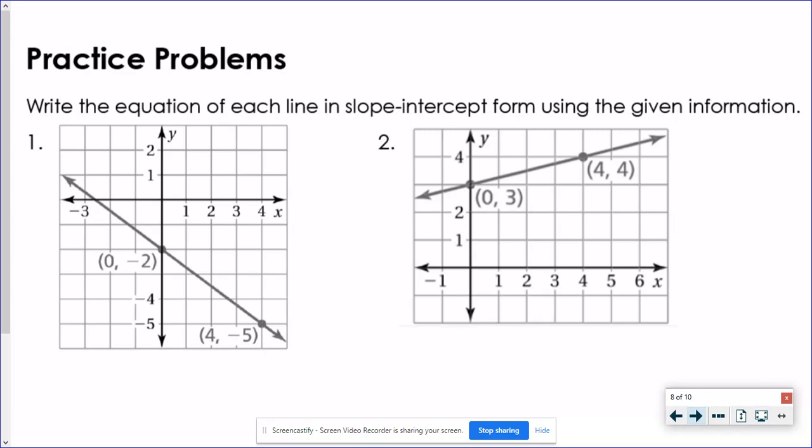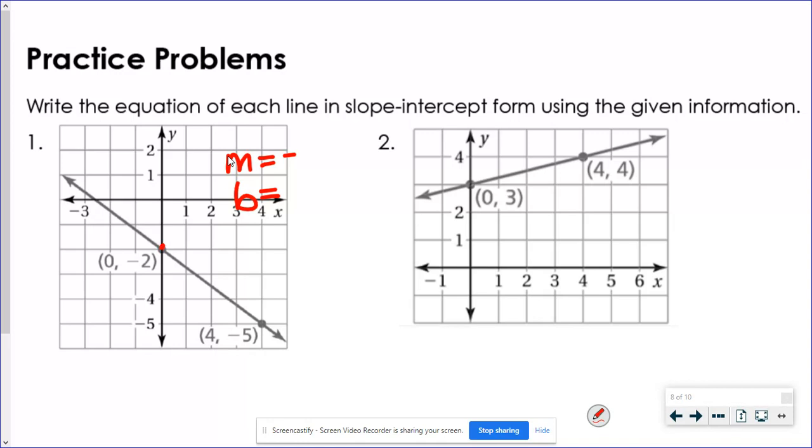Okay, so again, this is more of what your work is going to look like today. One side of your worksheet is going to be graphs that you need to write the equation for. So in number 1, it has a negative slope. Please start by noticing that, and I would also strongly suggest that you make a list of the two things that you need. I need the slope and I need the y-intercept. The slope is negative. I would even start by writing down the negative.